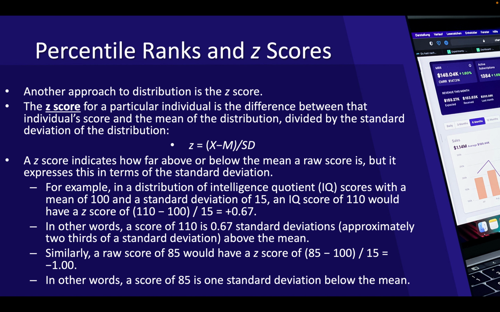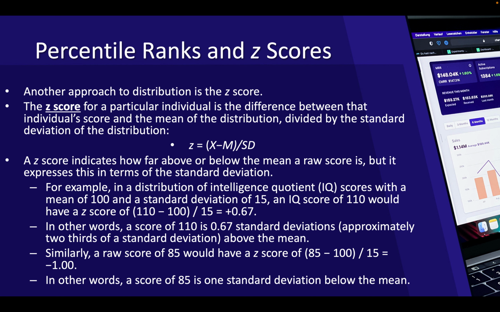Another approach to distribution is the z-score. The z-score for a particular individual is the difference between the individual's score and the mean of the distribution divided by the standard deviation of the distribution. And this is the formula. A z-score indicates how far above or below the mean a raw score is, but it expresses this in terms of the standard deviation.